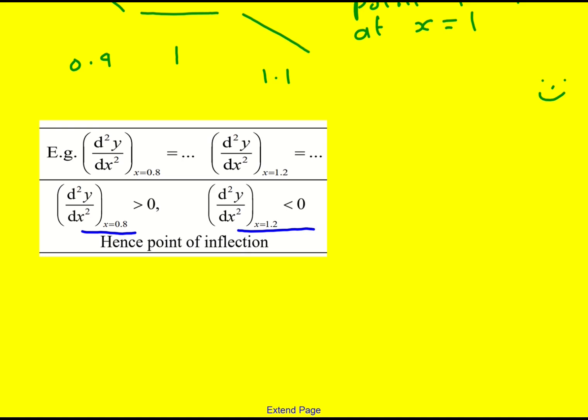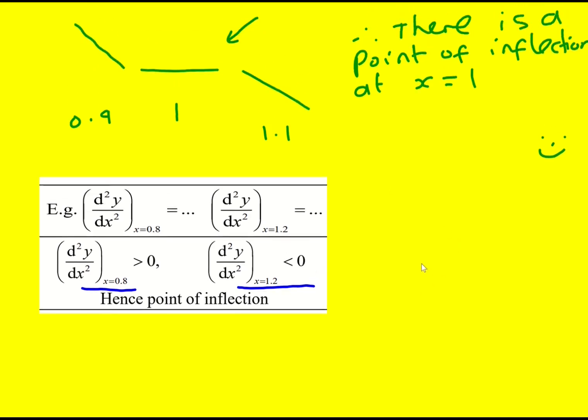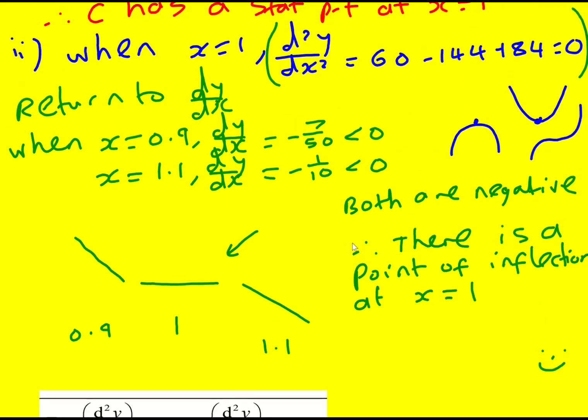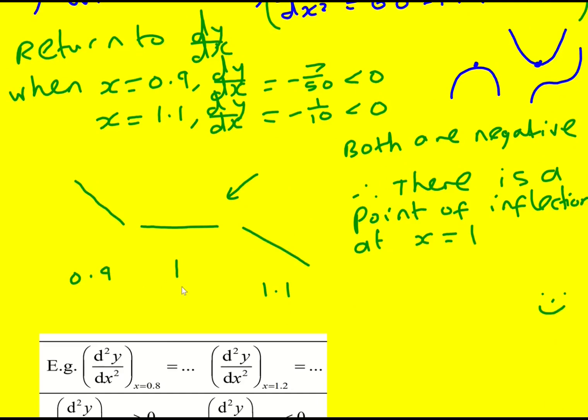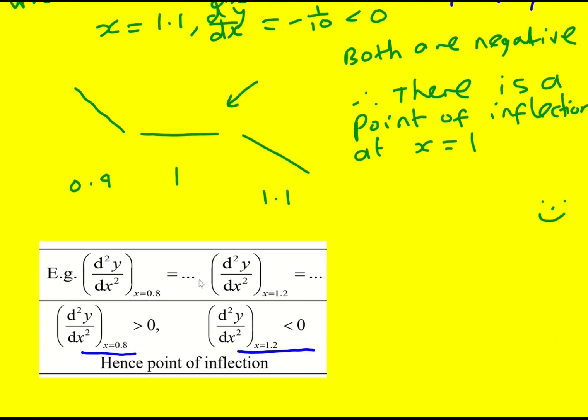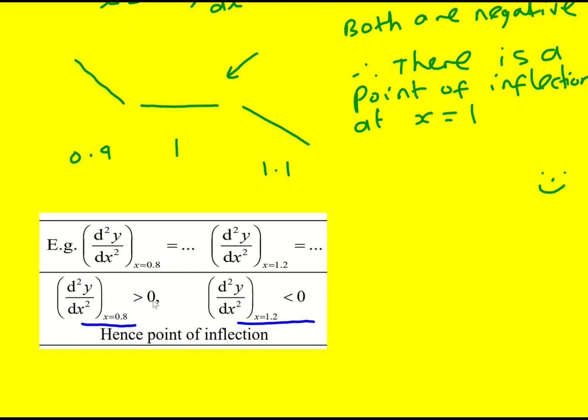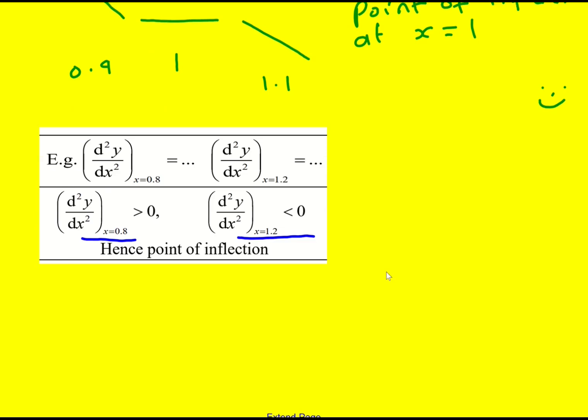That would also prove a point of inflection. There are advantages to this method, because then you don't have to remember this dy by dx one, which sometimes people get mixed up. You can just remember in general a point of inflection is where the second derivative changes sign.